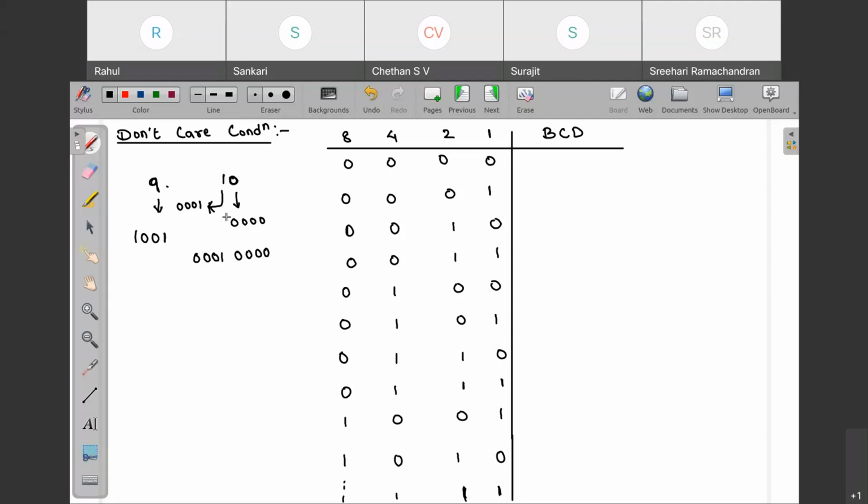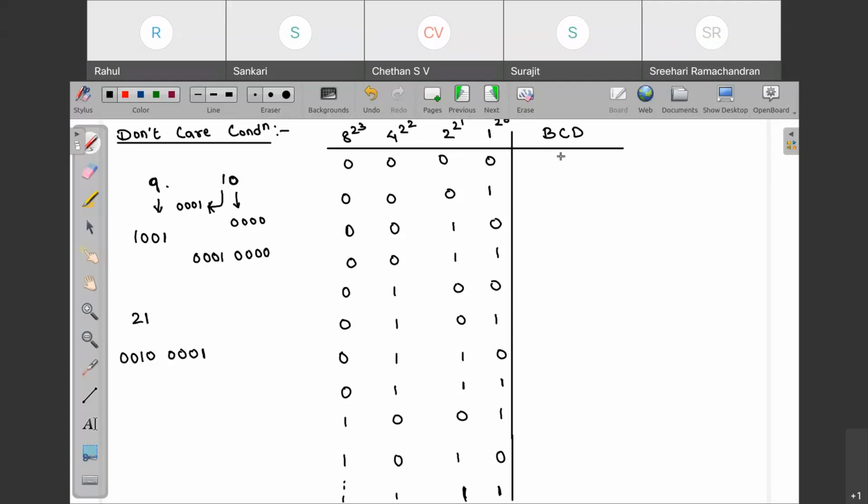Suppose I want to write 21, in BCD it will be represented as 0010 0001. This is basically 8421 coding. 8421 means this position has weight 8, 2 to the power 3, this has 2 to the power 2, 2 to the power 1, and this has 2 to the power 0.